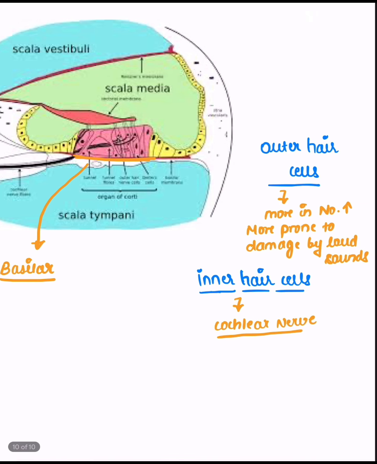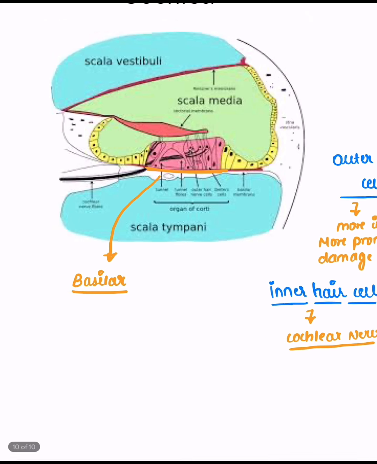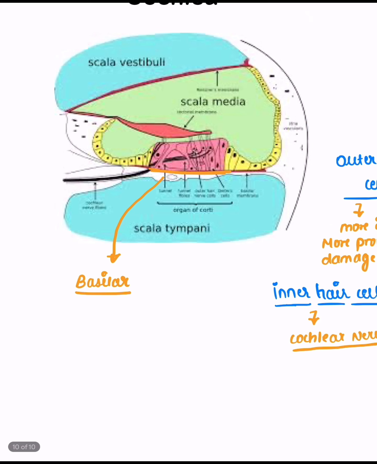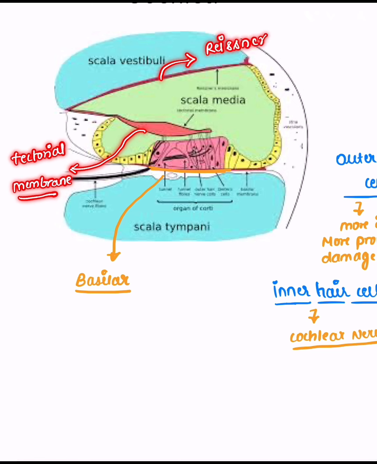This scala media consists of endolymph, and the scala vestibuli and scala tympani consist of perilymph. This hair is known as the tectorial membrane. This membrane is known as Reissner's membrane.